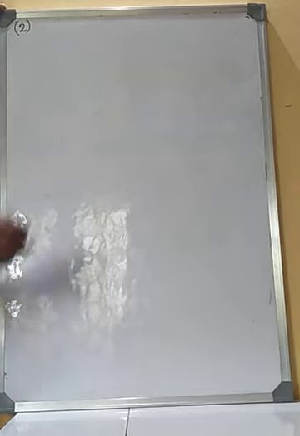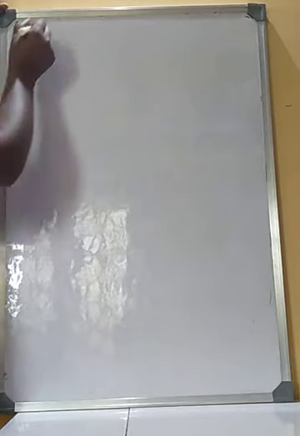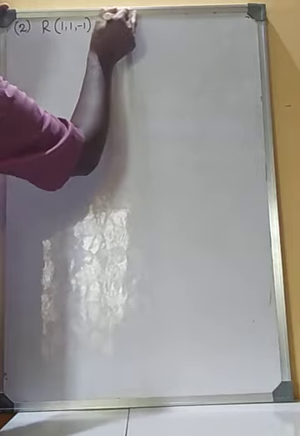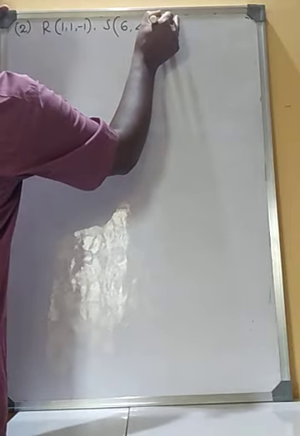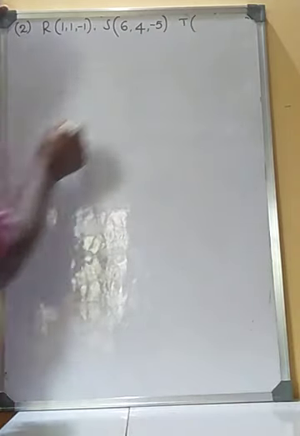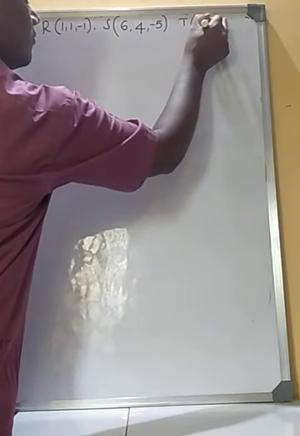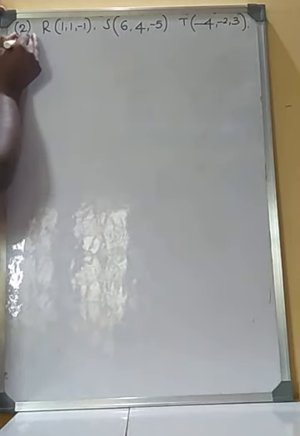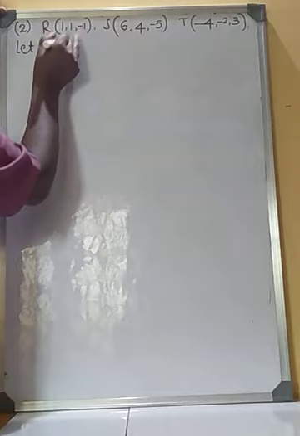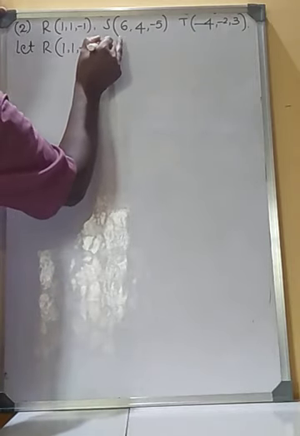Now example 2: find the vector equation of the plane passing through the points R (1, 1, -1), S (6, 4, -5) and T (-4, -2, 3). Here also let R be (1, 1, -1).